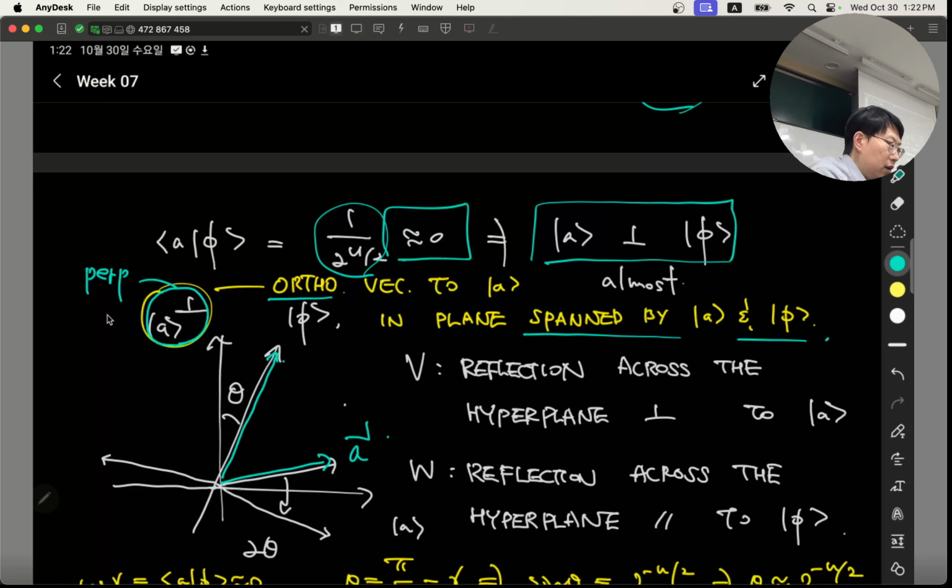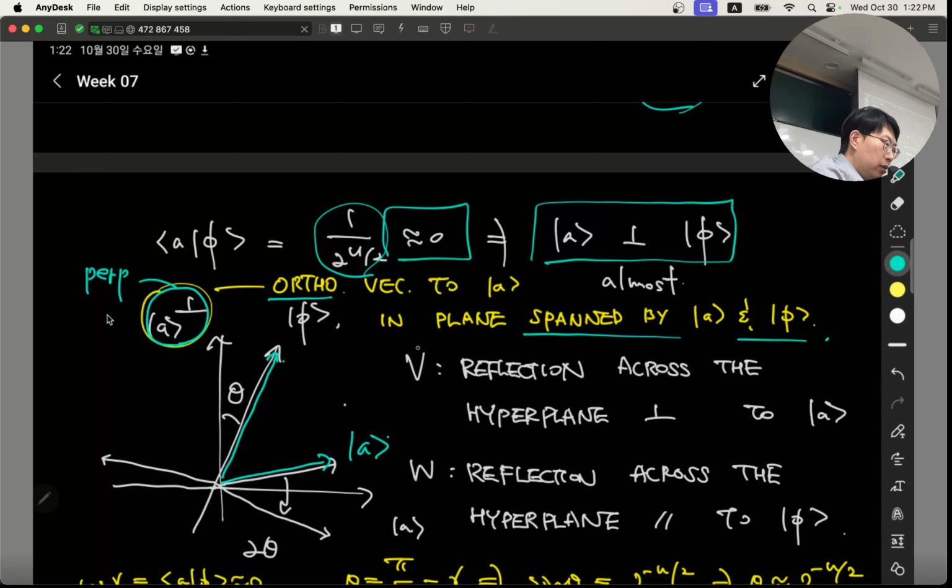So I can take a two-dimensional plane spanned by these two vectors, the ket A, and this A perp is one that is actually perpendicular to A. Now let's work on this vector space, this plane spanned by A and phi. Everyone understand what we are talking about? We are looking at a two-dimensional plane where these two vectors lie.